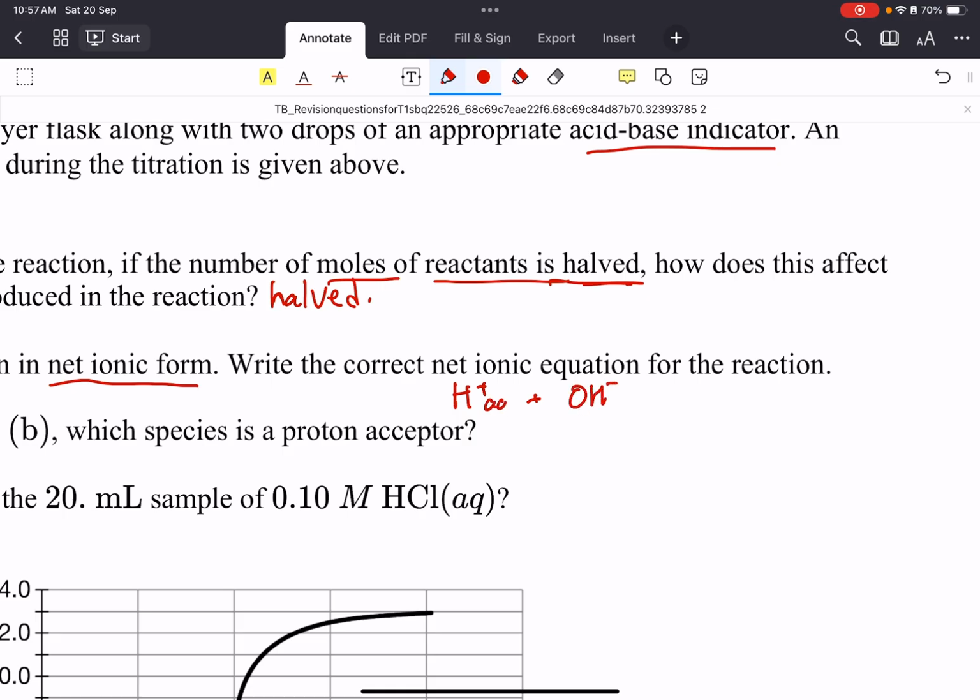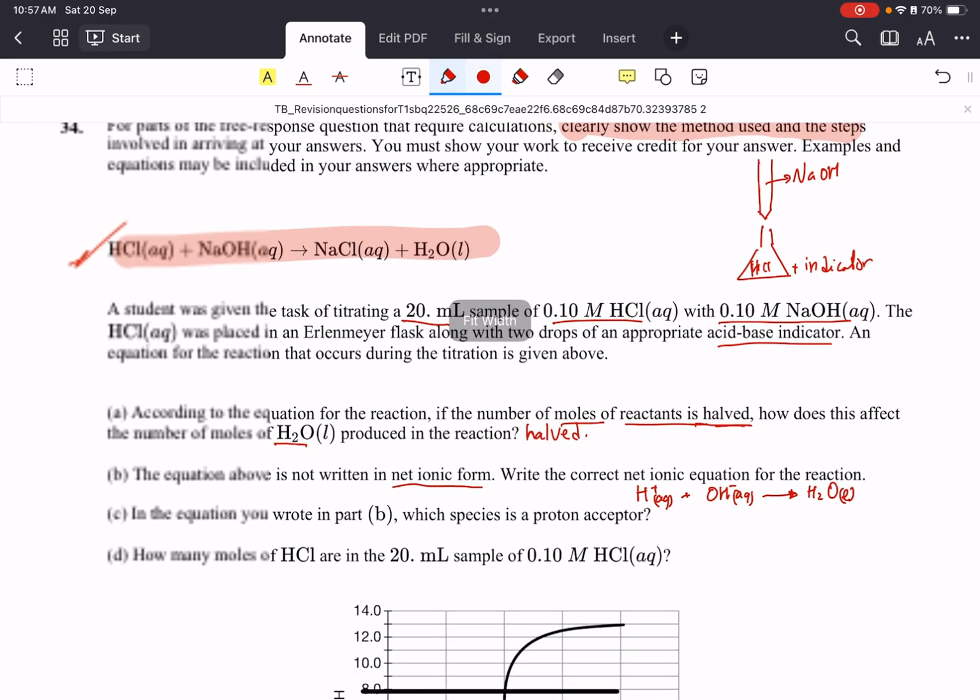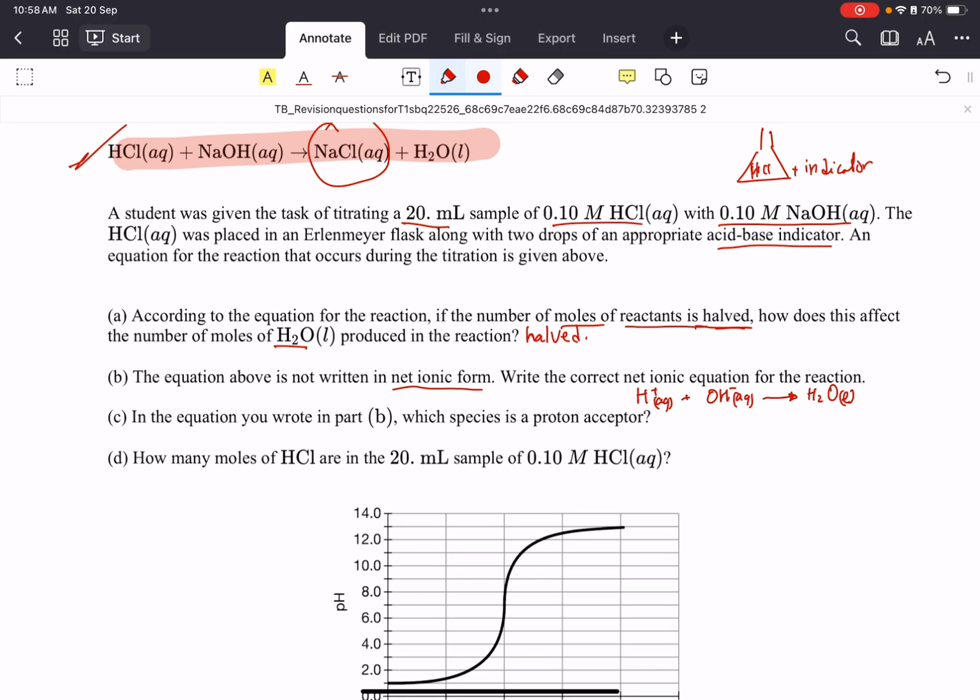Of course, when you write an equation, always include the physical states. This is a reaction between a strong acid and a strong base, so it is going to produce H2O liquid. We remove the NaCl because it comes from the spectator ions.